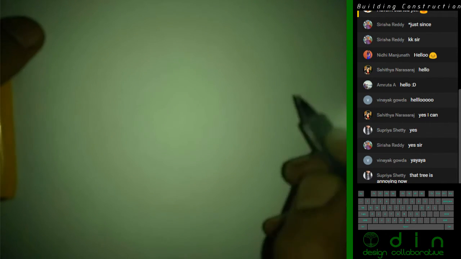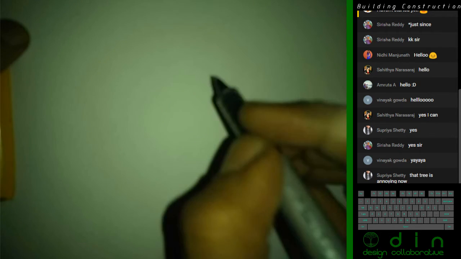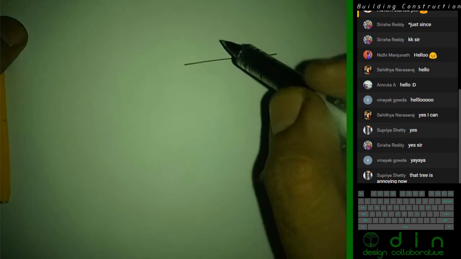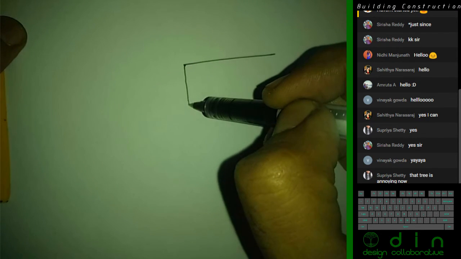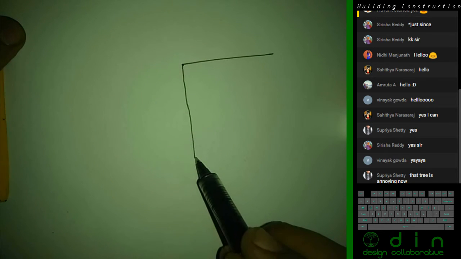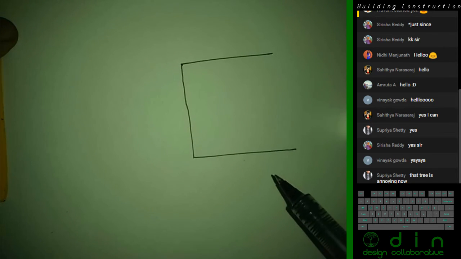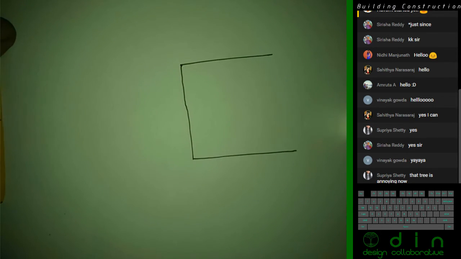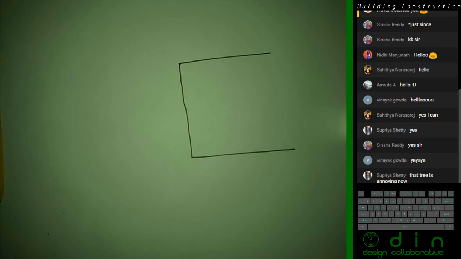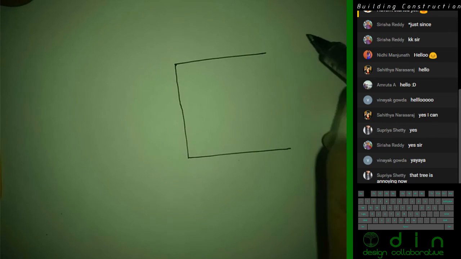All right, so our kitchen dimensions. Let's draw this out. We have approximately 12 feet 8 inches. What is 12 feet 8 inches in mm, and what is 10 feet 4 inches in mm? Someone please find out. I'll draw this in the meanwhile.